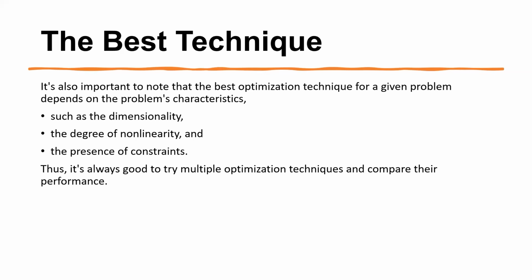Then you search for which algorithm to use for the problem at hand. So maybe the dimensionality of the problem, degree of non-linearity, the presence of constraints, and so on. These are certain examples based on the classification of optimization which I had previously explained.